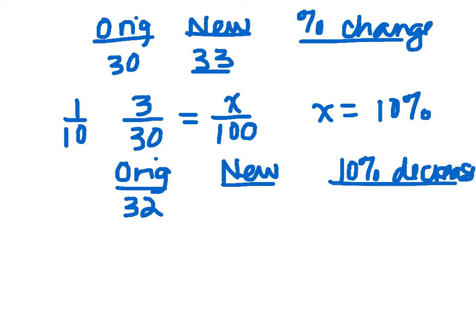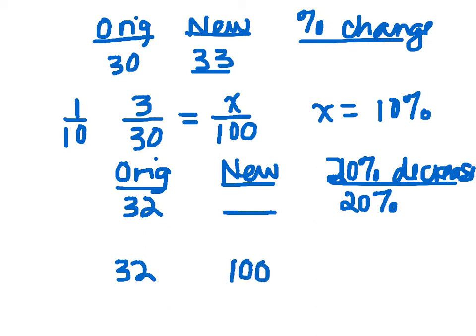So how would we set up that proportion? Sorry, it's not a 10% decrease. What we know is that it's a 20% decrease. Okay, so the thing we don't know is the new. We know original has to go on the bottom. We know 100 has to go on the bottom.